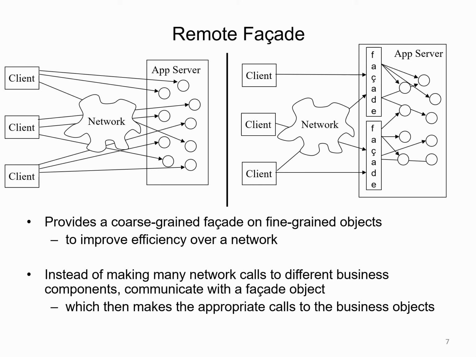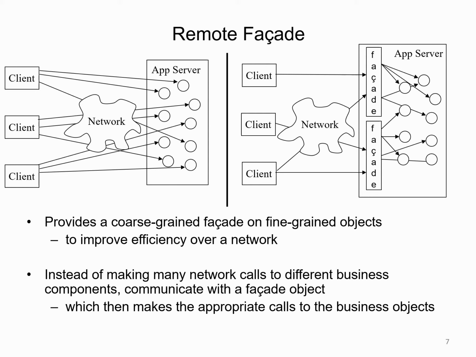You can see from the diagram on the left that without a facade, each of the various clients will have to access the server-side components via the network, and those clients will need to have a fairly detailed knowledge of the various components within the application.